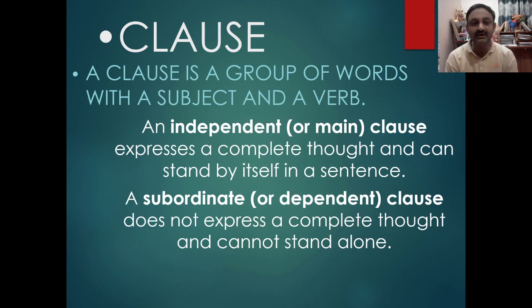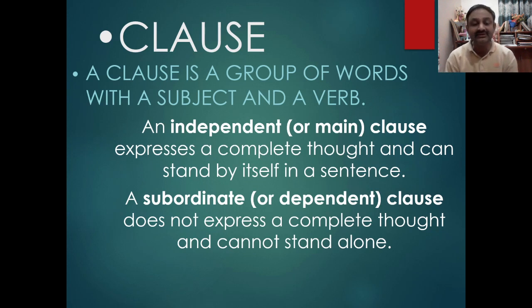Now we have to look at the first one. What is an independent clause? An independent clause, or it can also be called a main clause, expresses a complete thought and can stand by itself in a sentence, whereas a subordinate or a dependent clause does not express a complete thought and cannot stand alone.